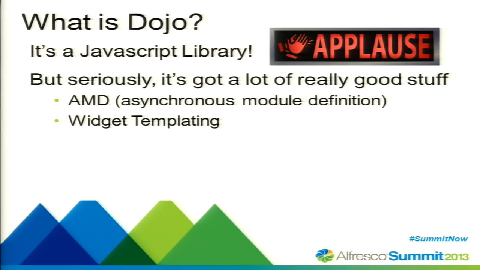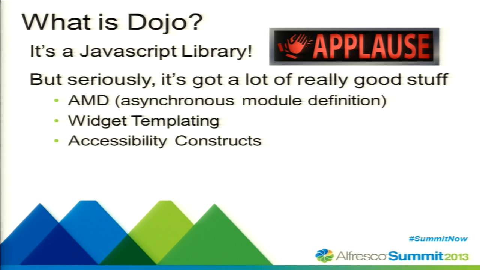In addition, it has this feature that allows you to do widget templating, which is the ability to build a widget, actually include some HTML along with the widget, which can be very cool for you too. It's got accessibility constructs, which, as you heard this morning, is very important for us, because a lot of our customers really require accessibility, which is making text and fonts and everything bigger.